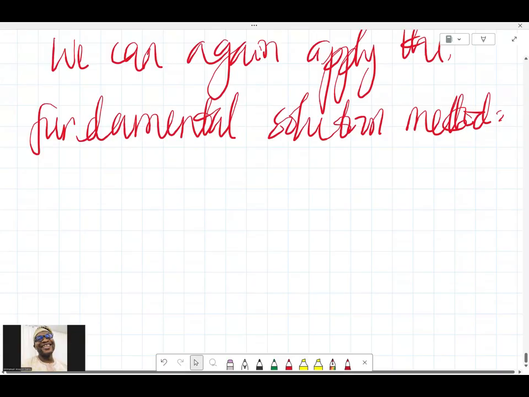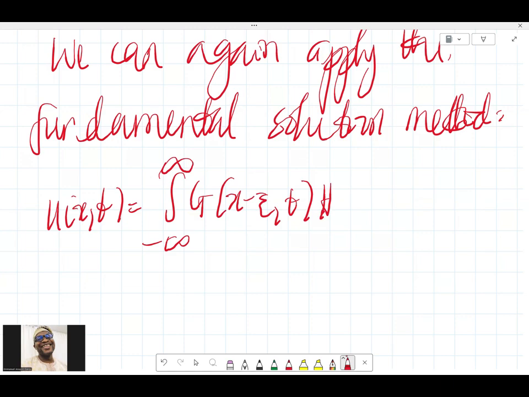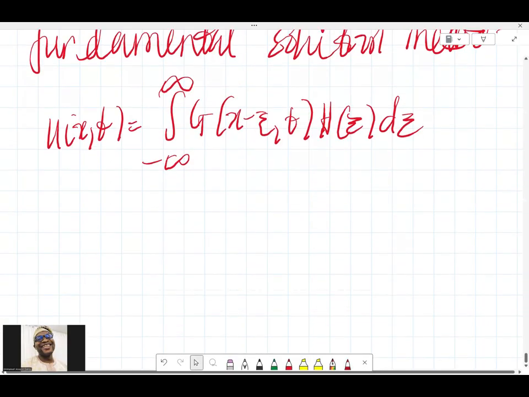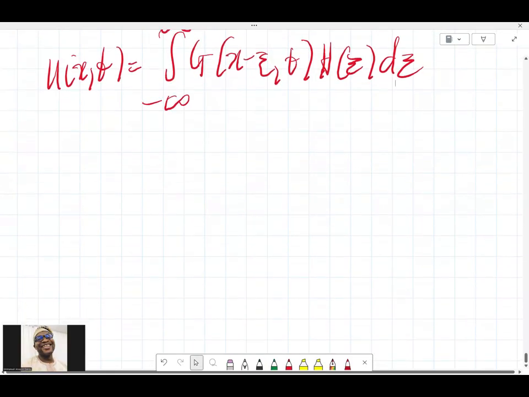So the fundamental solution again is u of x comma t equals the integral from minus infinity to infinity of g of x minus psi comma t times h of psi d psi. Okay, so that's the fundamental solution. It's more like we just invoke that and then use it for whatever we want to use it for.